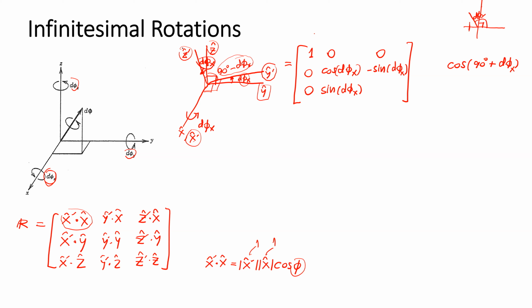And z prime with z is cosine of d phi x.